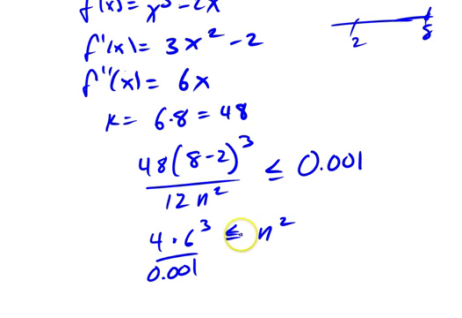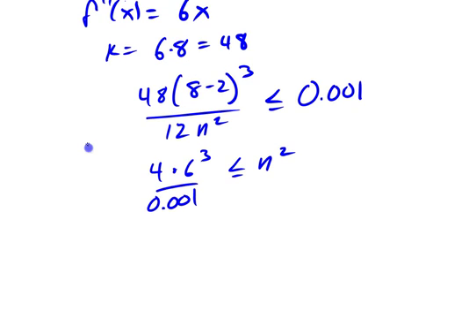But the thing is, both n squared and 0.001 are positive numbers. And if you multiply both sides of an inequality by a positive number, it does not change the direction of the inequality. So this is still a less than or equal to. So n then is just going to be greater than or equal to the square root of 4 times 6 cubed over 0.001.